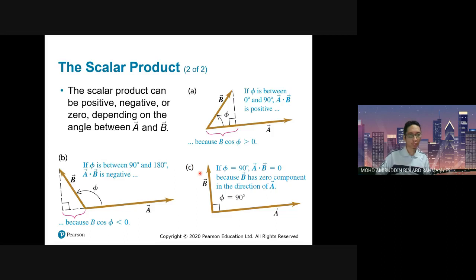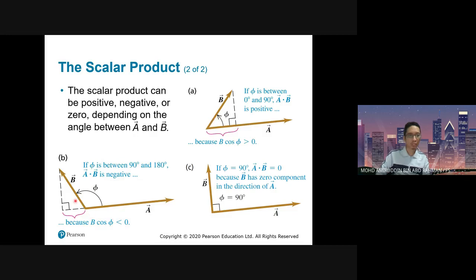And then the scalar product can be positive, negative, or zero, depending on the angle between A and B. So let's look at A. If phi is between 0 and 90 degrees, A dot B is positive. Of course, it is positive because it is less than 90 degrees.